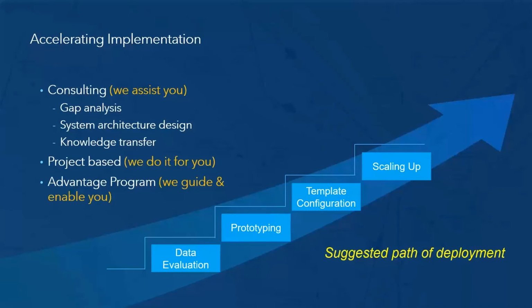And then we have something what's called an advantage program. And this is more strategic and more vision-based. So looking not at a specific project, but an overall program, if you will, for GIS and how it's implemented within an organization. Through an advantage program, we're essentially guiding a list of activities and enabling you as an organization to carry through with those activities.